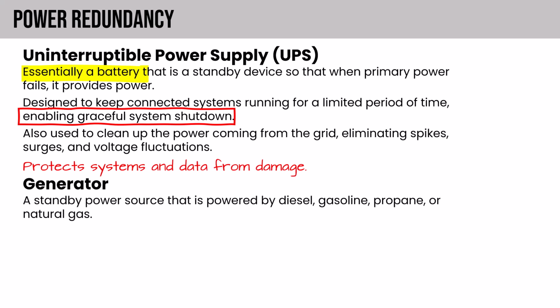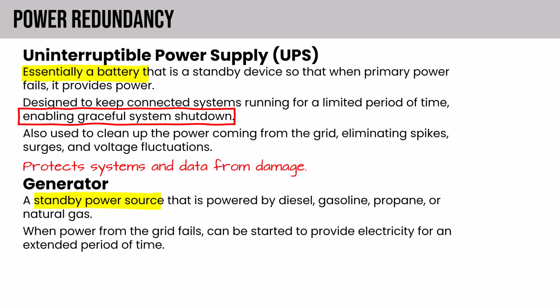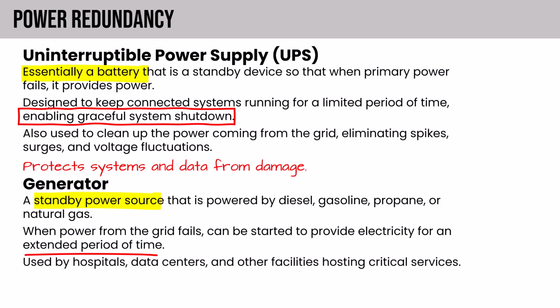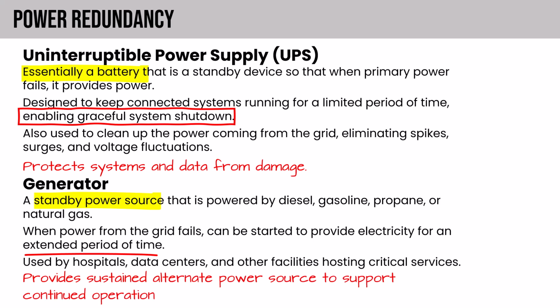We then have the generator, which is a standby power source that is powered by diesel, gasoline, propane, or natural gas. When power from the grid fails, it can be started to provide electricity for an extended period of time. Generators are used by hospitals, data centers, and other facilities hosting critical services. A generator provides sustained alternate power to support continued operation, not just graceful shutdown.